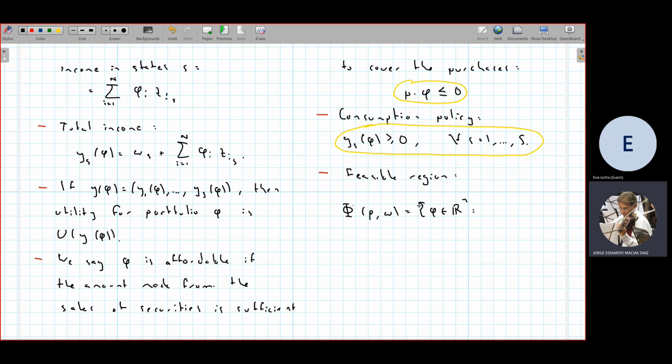Okay, so that'll be the collection of all portfolios that satisfy these two properties.